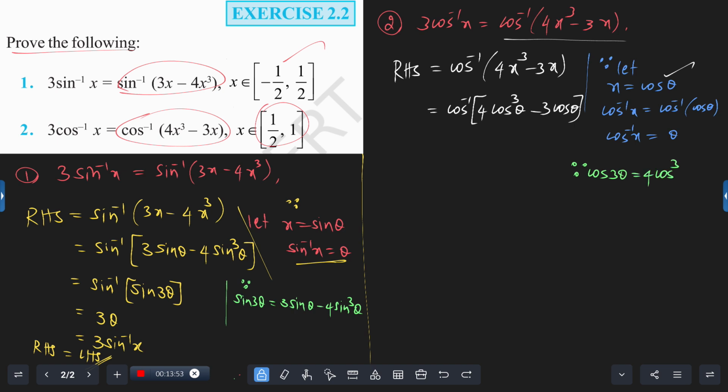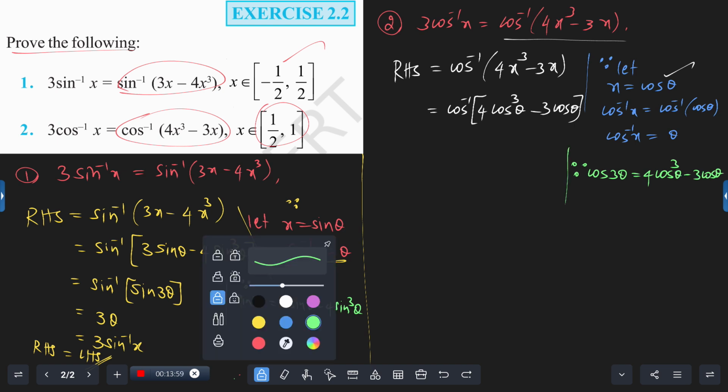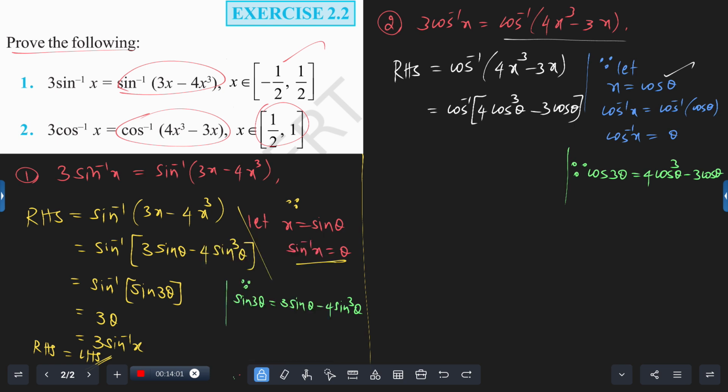Cos 3 theta equal to 4 cos cube theta minus 3 times cos theta. So this is the formula. Instead of the bracket, 4 cos cube minus 3 cos theta, you can write cos 3 theta.